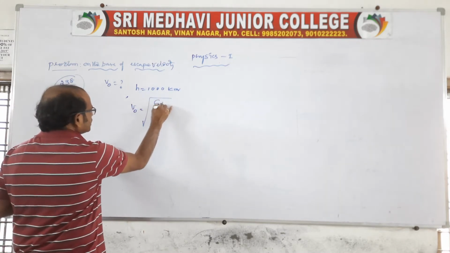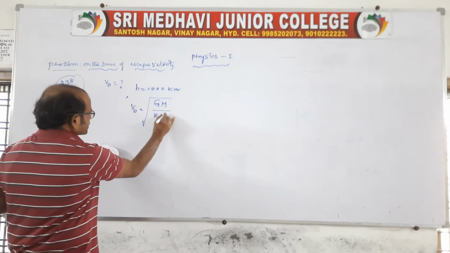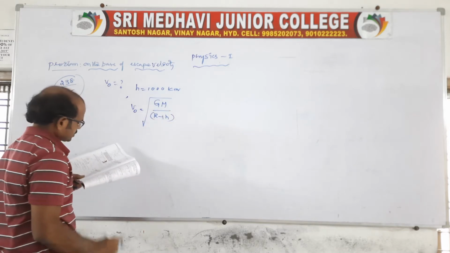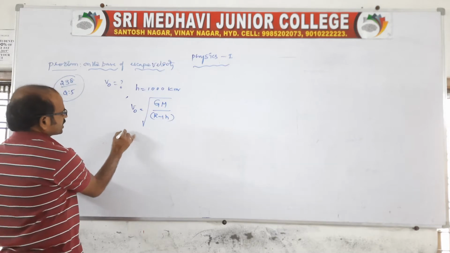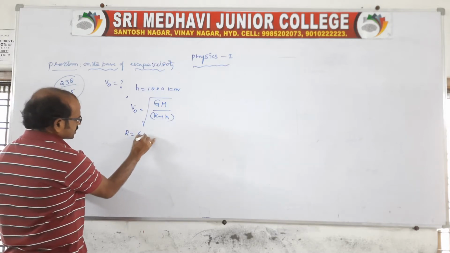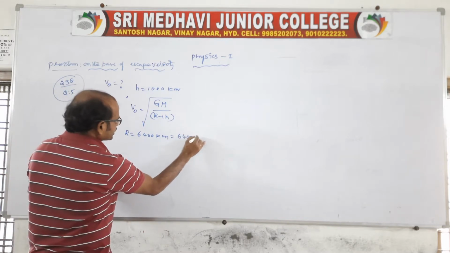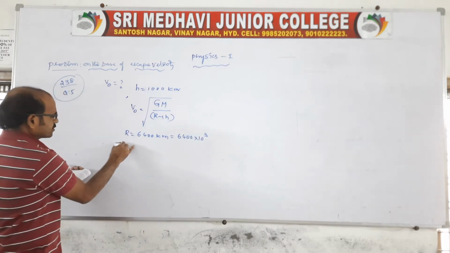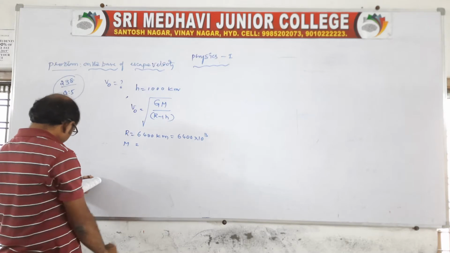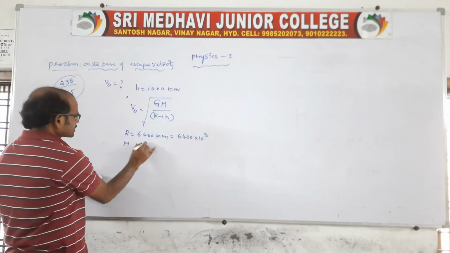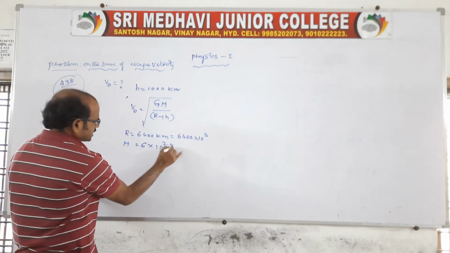There will be a formula, root over G capital M by R plus H. Of course, we know R is nothing but the radius of the earth, 6400 kilometers, that is 6400 into 10 power 3 meters. And the mass of the earth is approximately 6 into 10 power 24 kg.